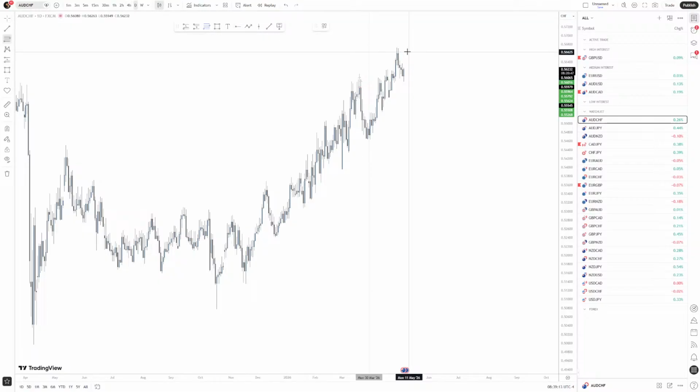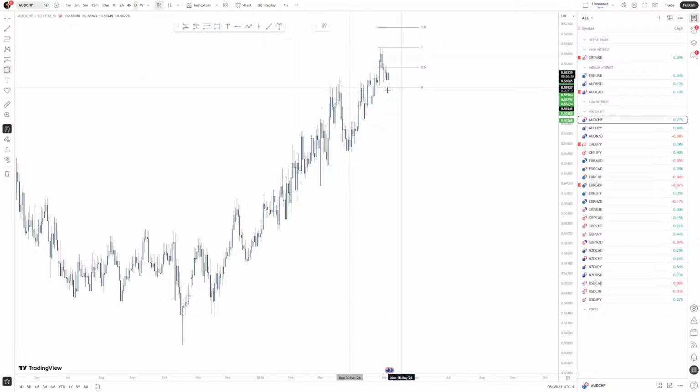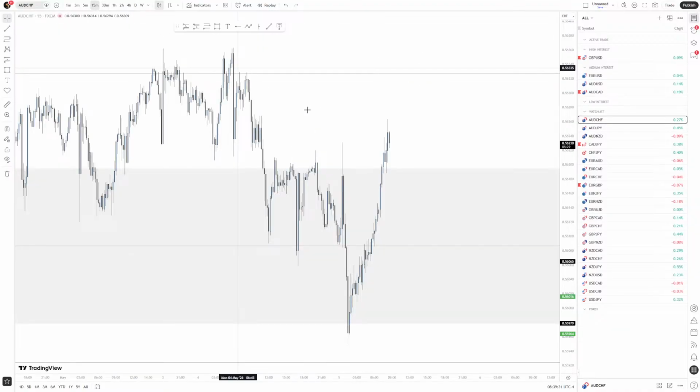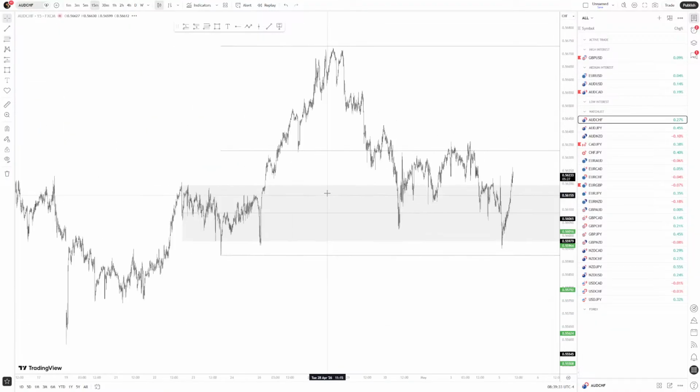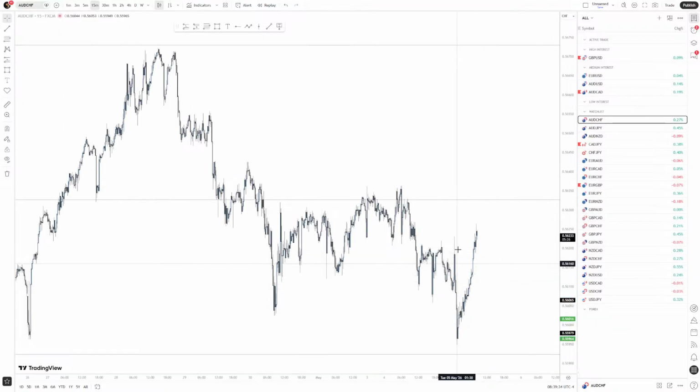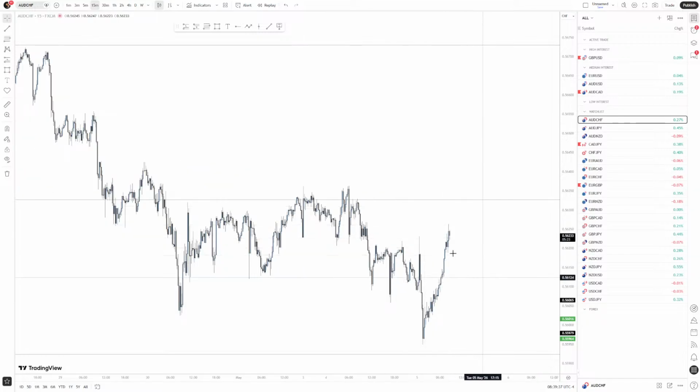I actually think we're bullish here, in this range here. Then we have an order block right here. We've kind of swept it a little bit, but we've also broken this structure here and we're in the discount area.